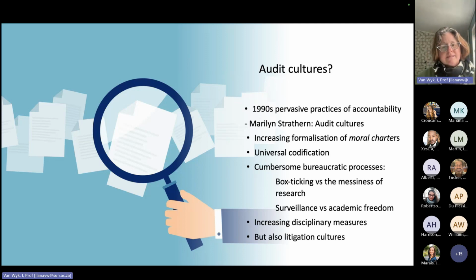And she said these are evidence of so-called audit cultures. And she said these audit cultures invade almost every part of our lives nowadays. And what it means specifically for universities and for academics like ourselves is that we started seeing an increasing formalization of what once used to be moral charters of doing research.